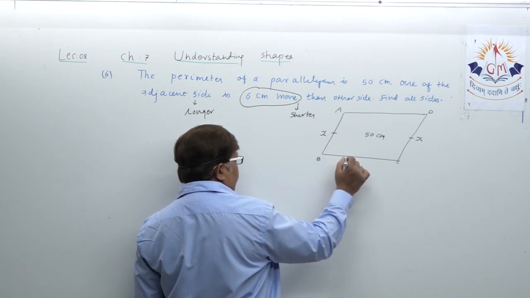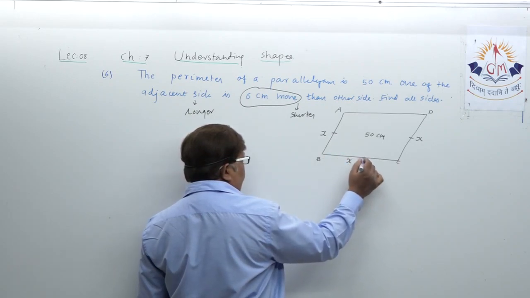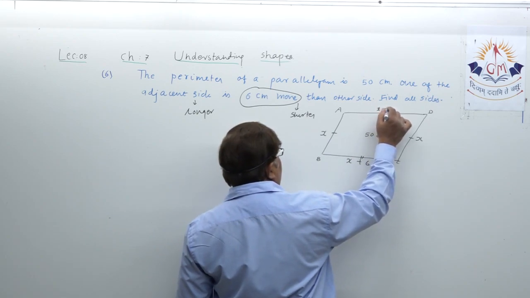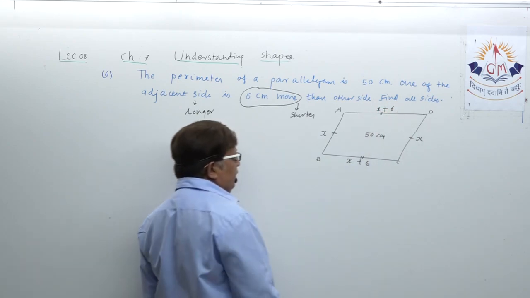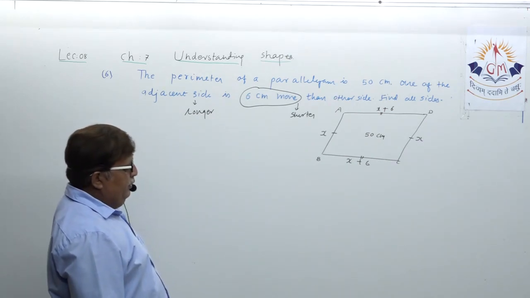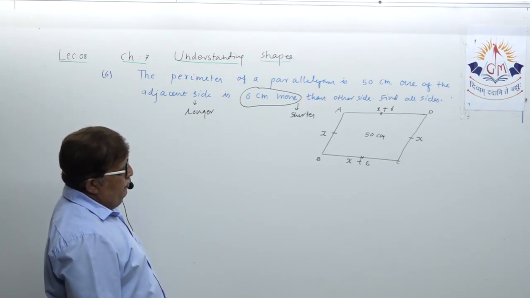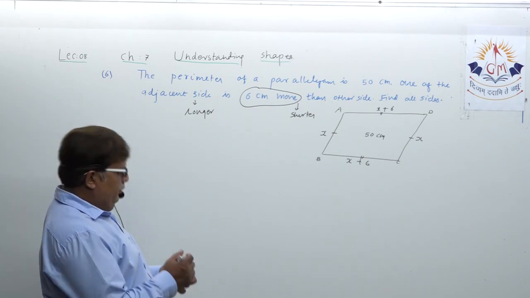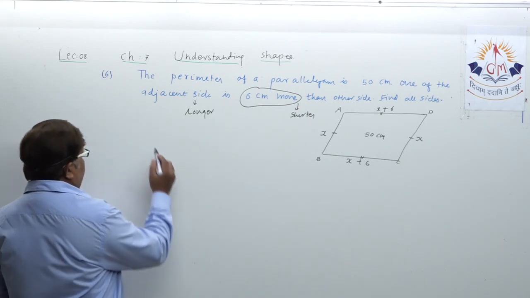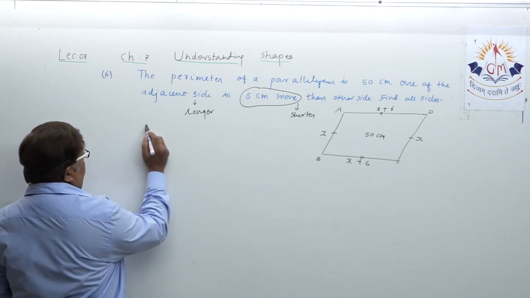So this is x, can I write x plus 6? And this is x plus 6, so obviously this is also x plus 6. You understood this? Okay.